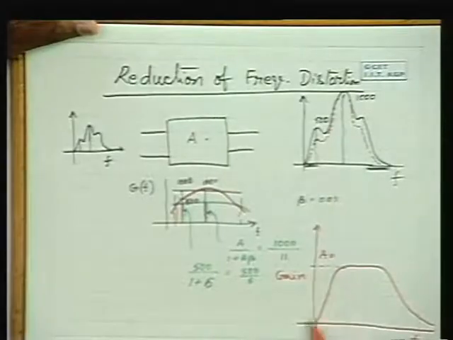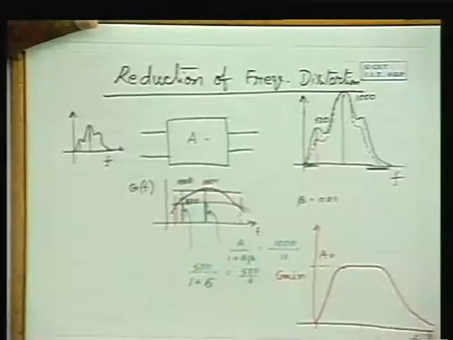The coupling capacitor and the bypass capacitance are responsible for the low gain at low frequencies, because the bypass doesn't completely bypass at low frequencies, and the coupling capacitors offer some series impedance at low frequencies, which is not negligible. At high frequencies the junction capacitance of the transistor comes into the picture and short circuits the signal between the base and emitter, and because of that the gain falls.